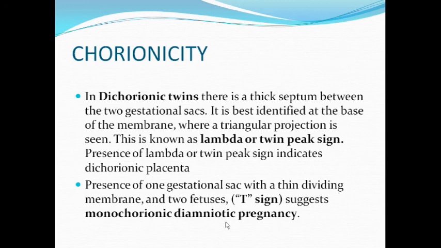In monochorionic monoamniotic and monochorionic diamniotic twins, there is only a thin dividing membrane, because it consists of only 1 chorion. So there will be a thin membrane between the 2 fetuses, and it is seen as a T sign on USG.